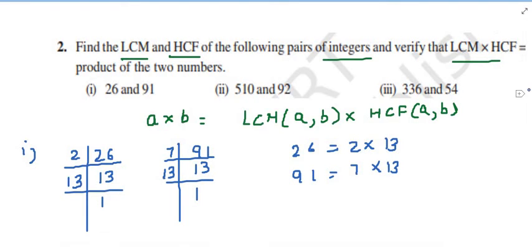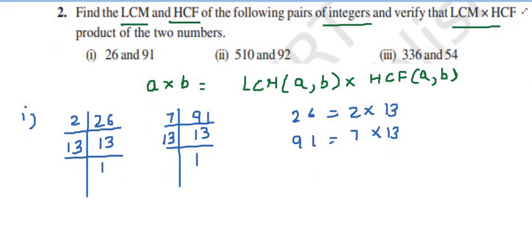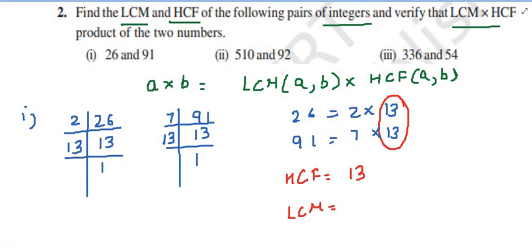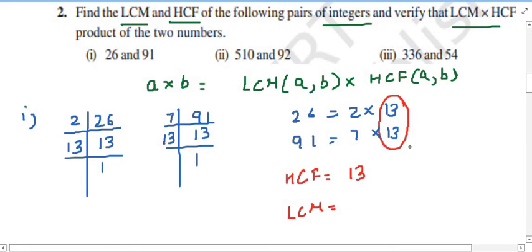Now to find the HCF, we have to make the pair of common prime factors. It has 13 as a common prime factor. So HCF of the given two numbers is 13. Now for the LCM, we need to make the factors same. So what we can do, let's take 91.